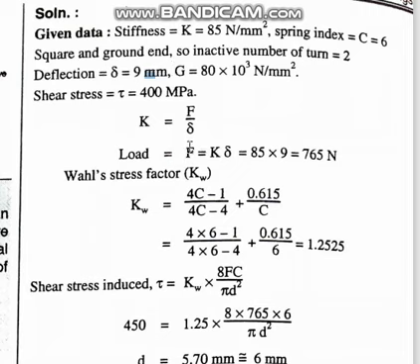Instead of directly giving F, they are giving these two values, and you have to find out F. So F is equal to K into delta, that is 85 into 9, 765 Newtons. Okay, now Wahl's correction factor, 4c minus 1 upon 4c minus 4 plus 0.615 upon c. So in that, now kW will be 1.2525 if you substitute the value of c.